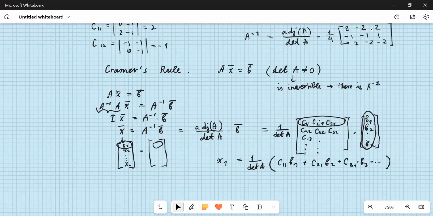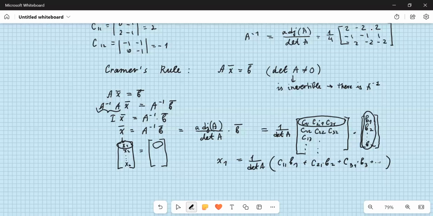Well, this is a determinant, but what kind of matrix is determinant? This is going to be like a determinant expansion. If I was using C11, C12, C13, that would be determinant of matrix A by the first row, right?